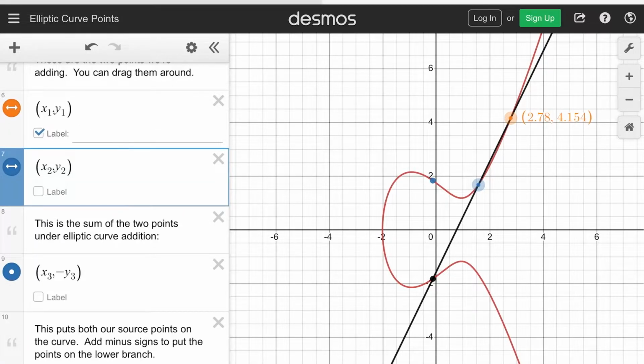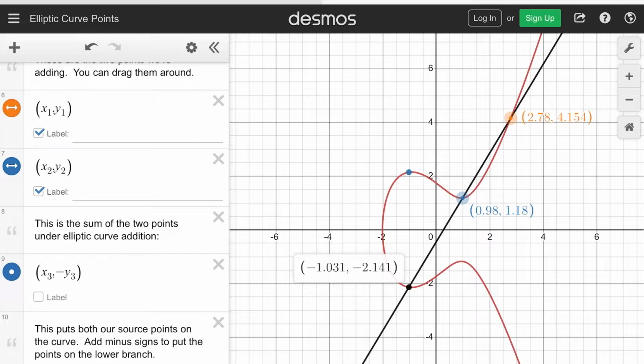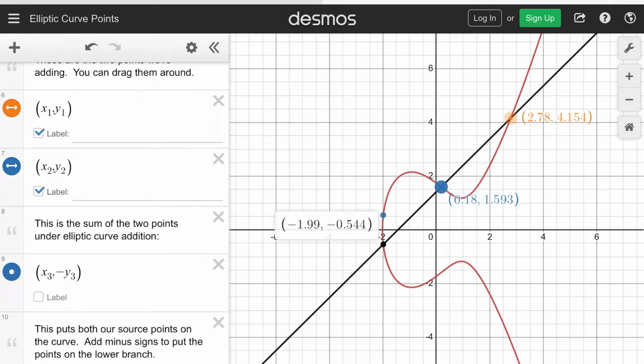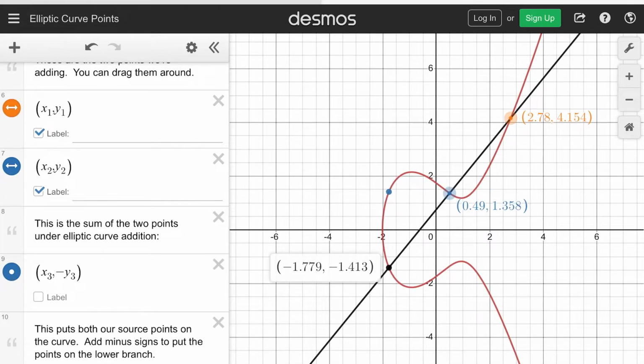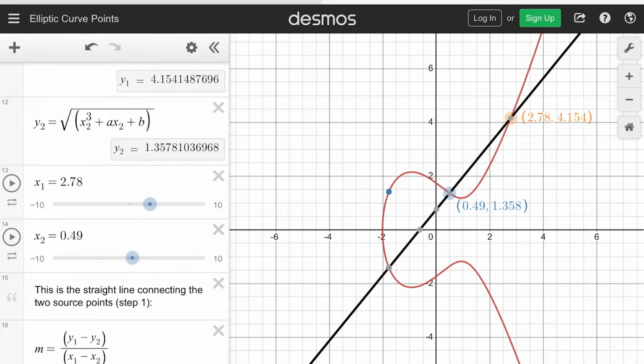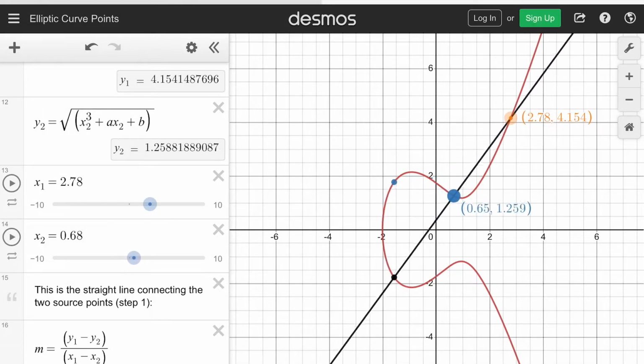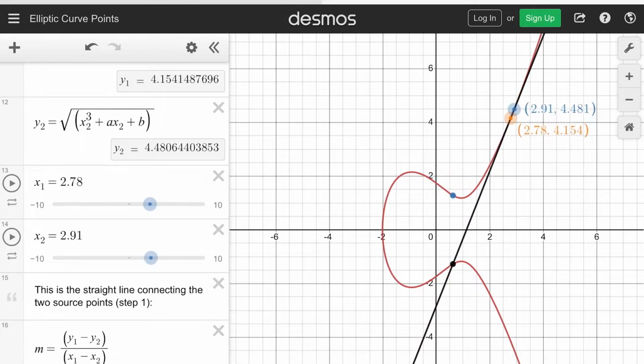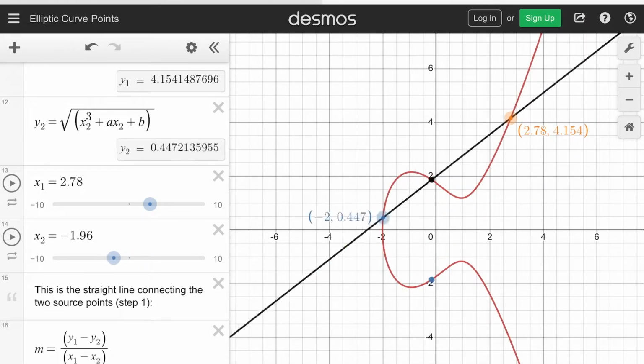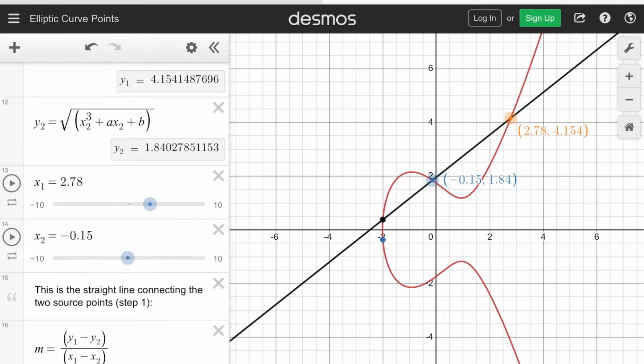Also, you can see here that I can choose point a and b, one shown in orange and one shown in blue. If I select any 2 points, you can see here a line is drawn through those points and it intersects the curve at a maximum of 3 points. So I can change where this line is, and wherever this line is, you can see here it intersects the graph at a maximum of 3 points.